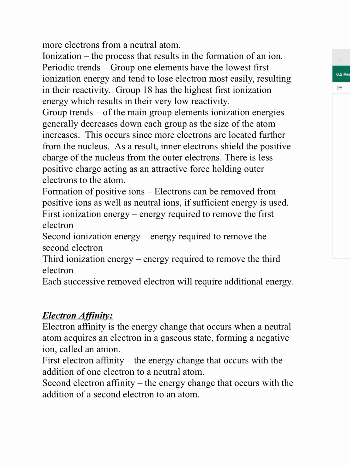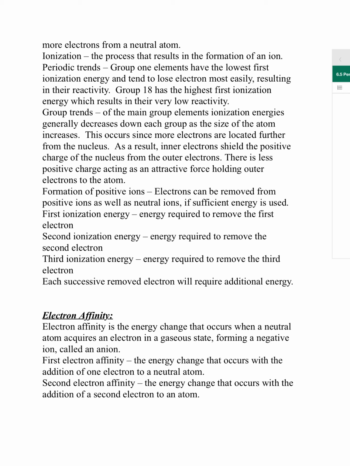Formation of a positive ion. Electrons can be removed from positive ions as well as neutral atoms if sufficient energy is used. So the first ionization energy is the energy required to remove the first electron.